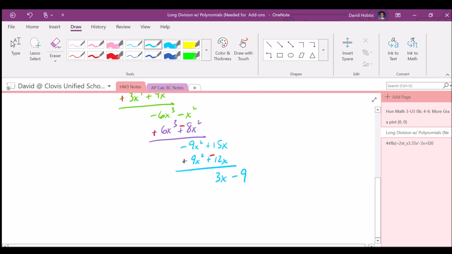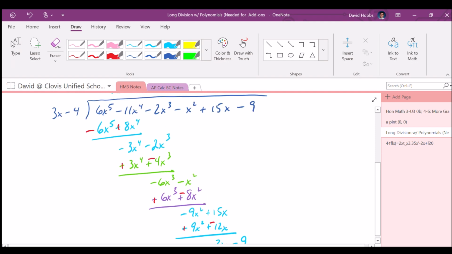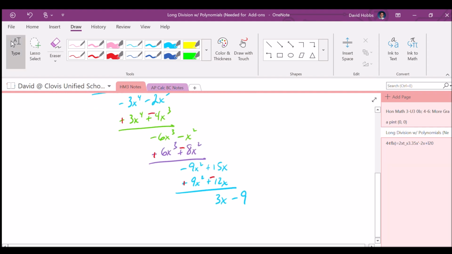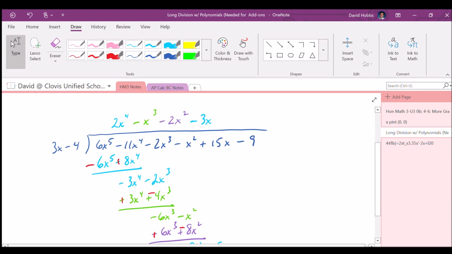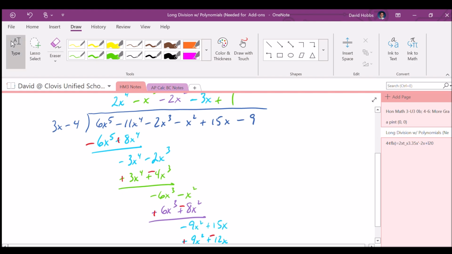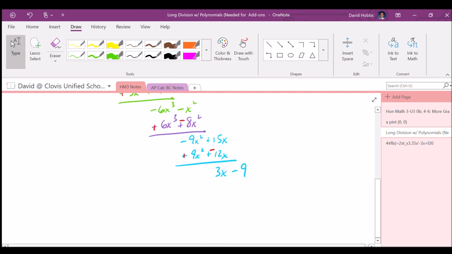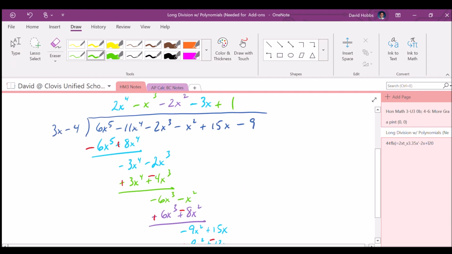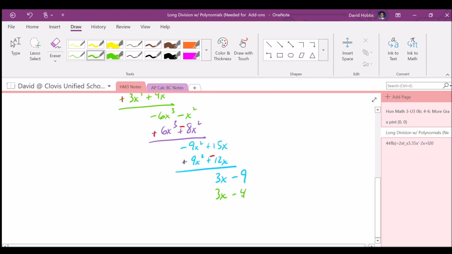So by the way, we brought down our last term, so this is going to be our last step here anyway. So what times 3x is 3x? Well, positive 1. Okay, so plus 1. Okay, so 1 times 3x is 3x, and 1 times negative 4 is negative 4.